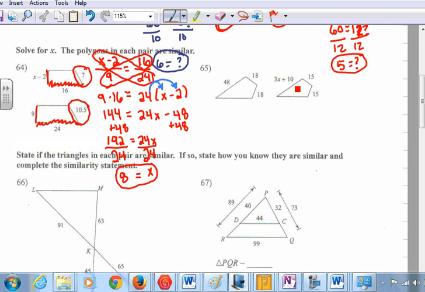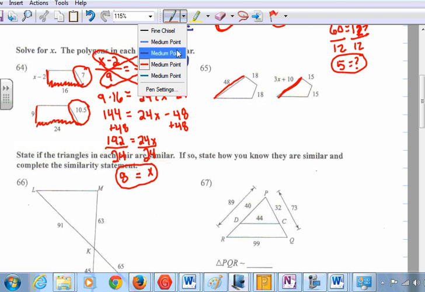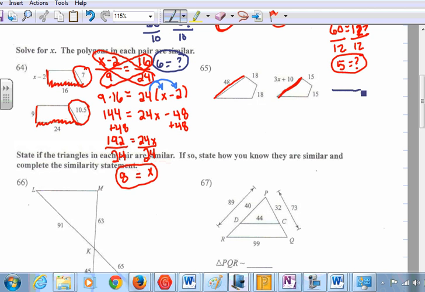All right, for number 65, once again, I have to use the section that includes x. So 3x plus 10 is going to correspond to 48. Okay, so let's set up a proportion. We've got 3x plus 10 corresponds to 48. Now, we also have 18 and 15 in both figures, so it doesn't really matter, they're the same.